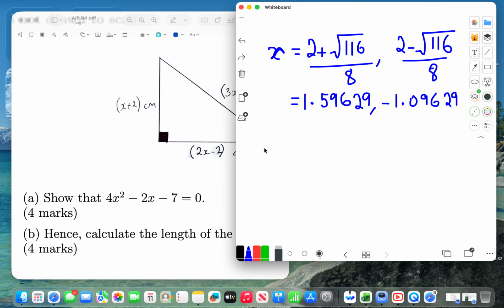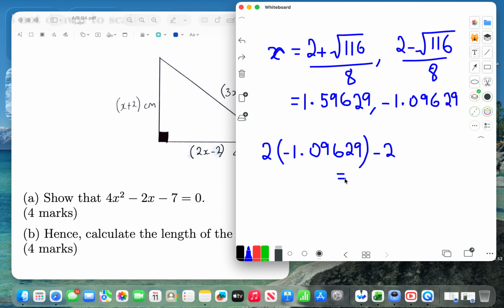So let's do 2 times minus 1.09629 minus 2, and that gives us minus 4.19258. And that is less than 0.